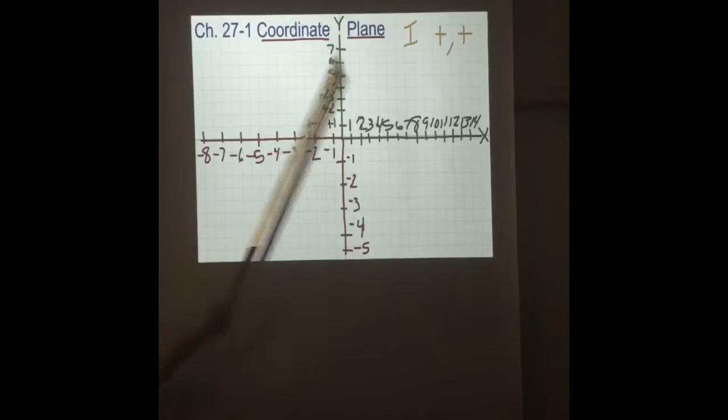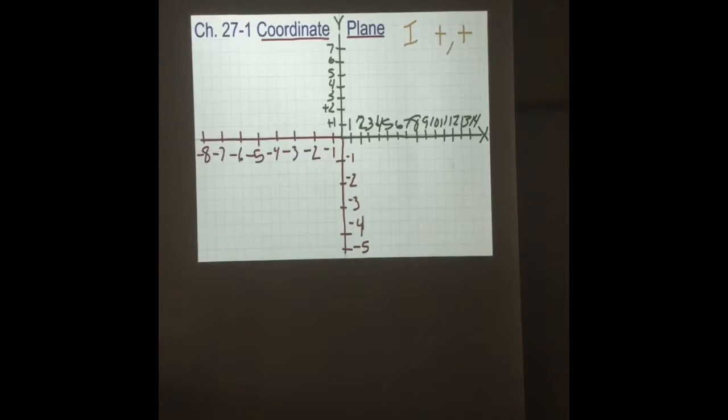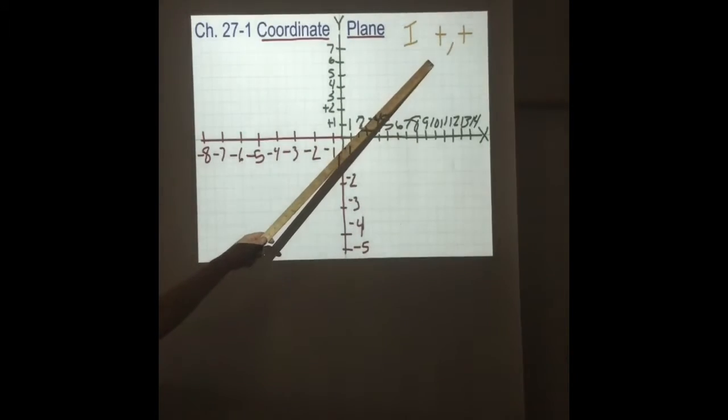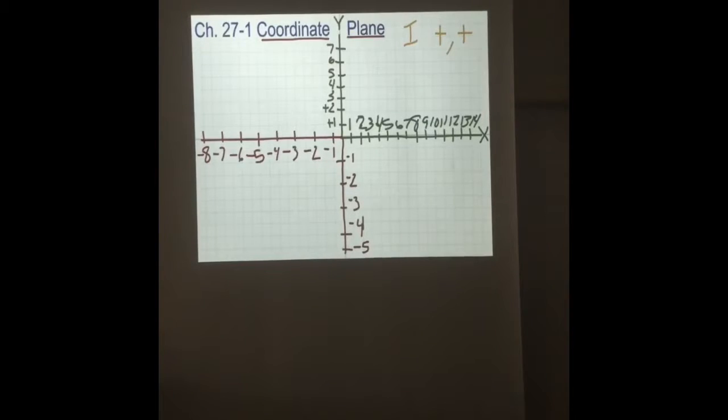As you see, the positive side is sector 1, or quadrant 1. Quadrant 2 is over here, the negative, comma, positive side. We're going to go counterclockwise.